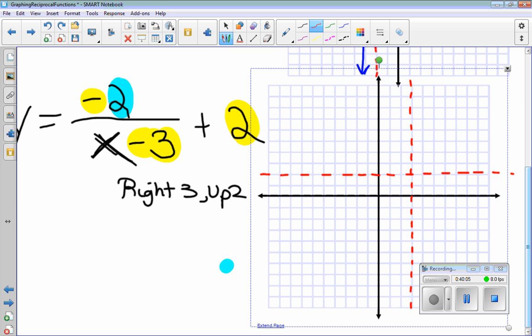The negative implies that I have flipped, so we're going to use my dotted lines as my guidelines, and it looks something along those lines. Again, we could be more exact and go to my table and plot exact points. I'm just creating a sketch here using my asymptotes as guidelines. What does the 2 in the numerator do? It just makes it further away from that center, right? Kind of like plots it further away.